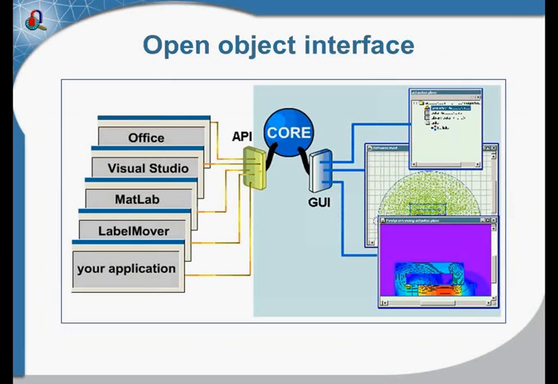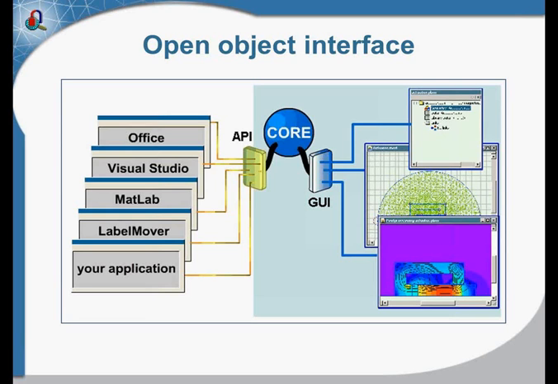QuickField features an open object interface, which allows external applications to call functions and operate with objects of the QuickField core. This is an implementation of the COM technology, and we call this interface ActiveField. External applications which interact with QuickField core may include Microsoft Office documents with macros, MATLAB codes, or custom utilities written in many modern programming systems.